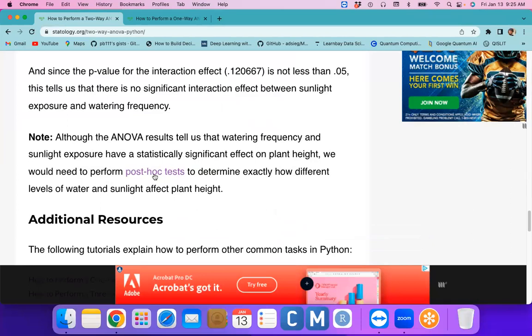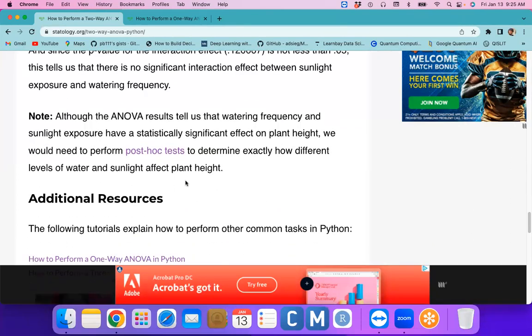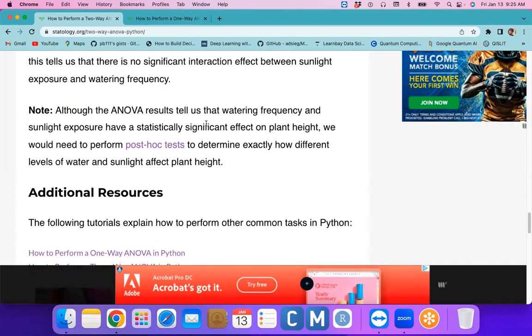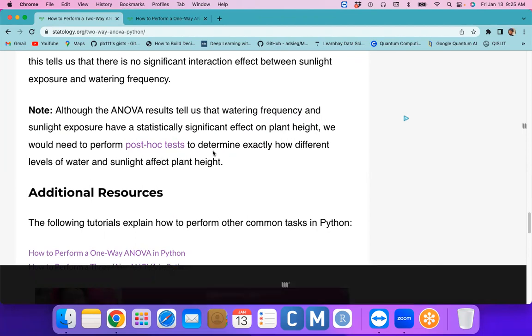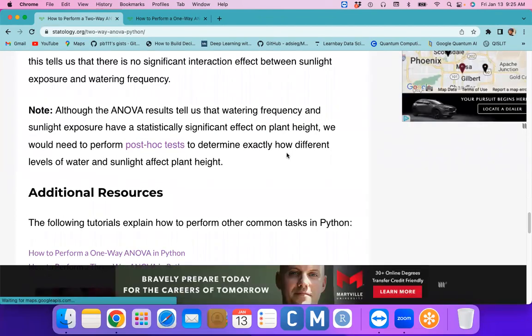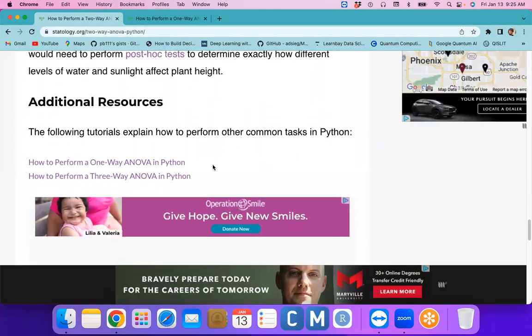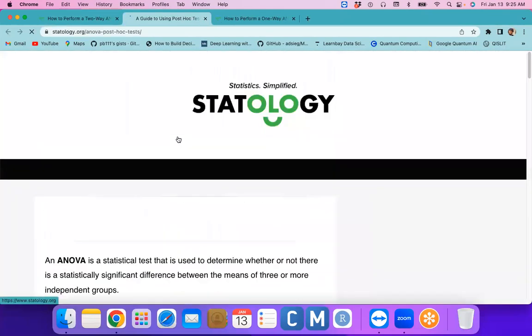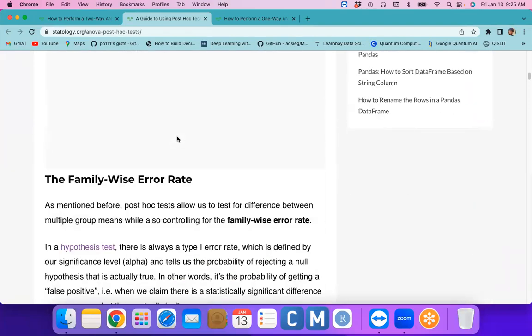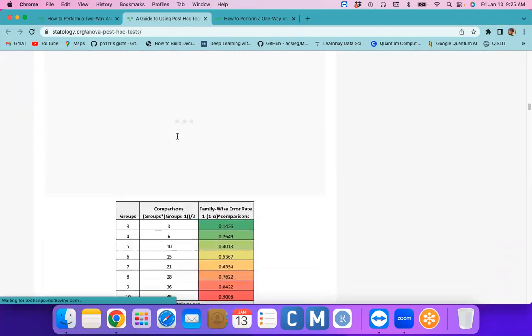Now I want to go ahead with the post hoc test to determine which group means differ. Although the ANOVA result shows that watering frequency and sunlight exposure are statistically significant for plant height, we need to perform the post hoc test to determine exactly how different levels of water and sunlight affect plant height.